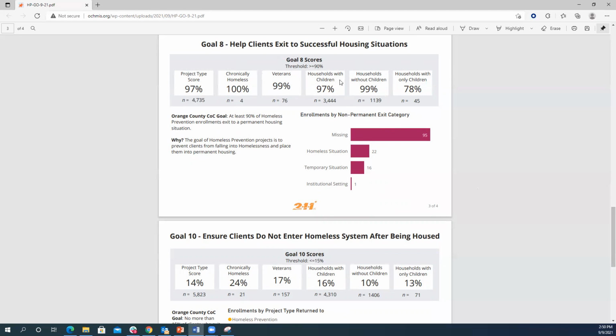So I think that's a lot of what's happening there. And then you can see for those that did not exit to permanent housing situations, these are the situations they did exit to, and the majority of them, that information was missing.